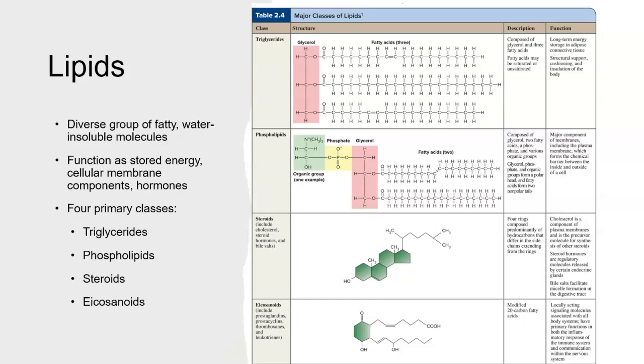So there are 4 classes of eicosanoids. They include the prostaglandins, prostacyclins, thromboxane, and leukotrienes. A lot of these are going to be very important signaling molecules that work with your inflammatory response when the immune system is activated, but they also play a role within communication of the cells within the nervous system.